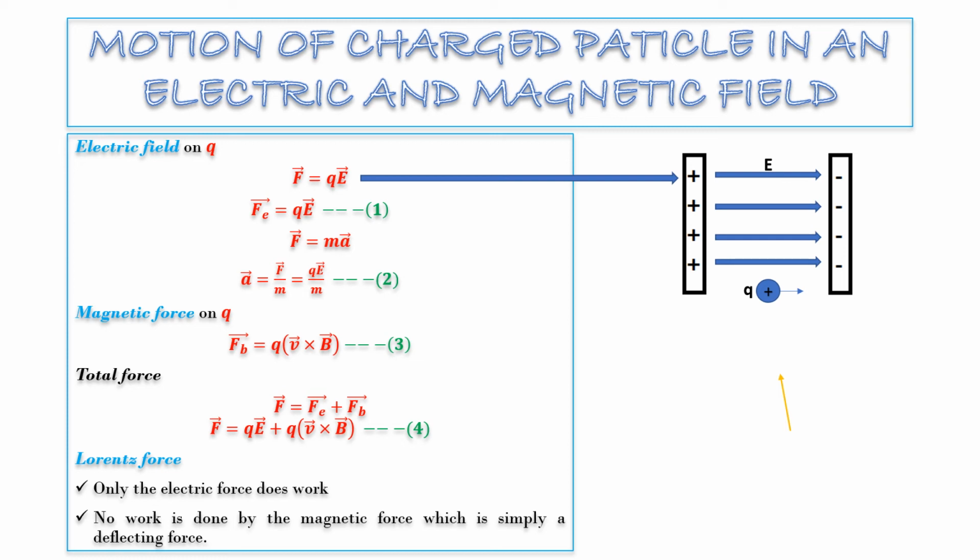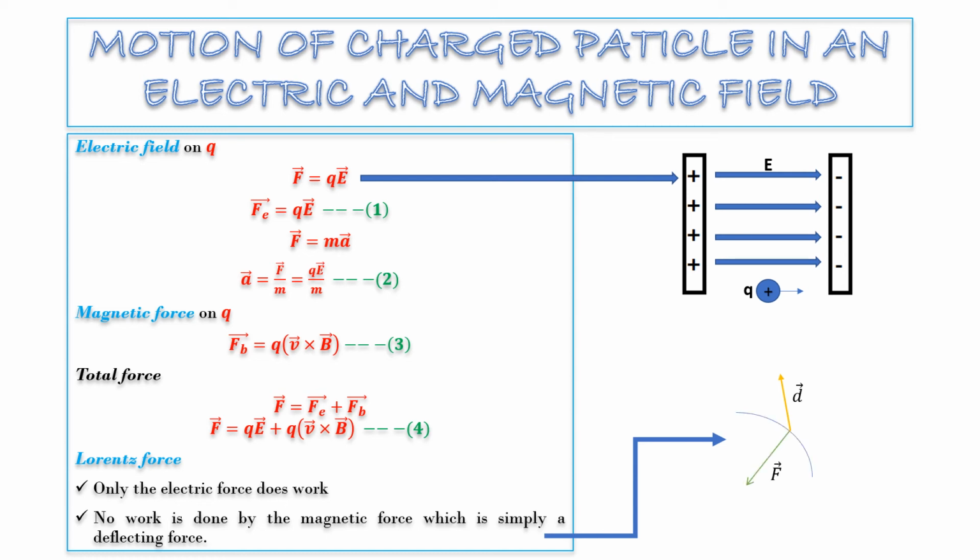So from that we conclude that no work is done by the magnetic field. Only the electric force does work on the moving charge in a particular system. So we conclude this inference, that is the conclusion of the Lorentz force.